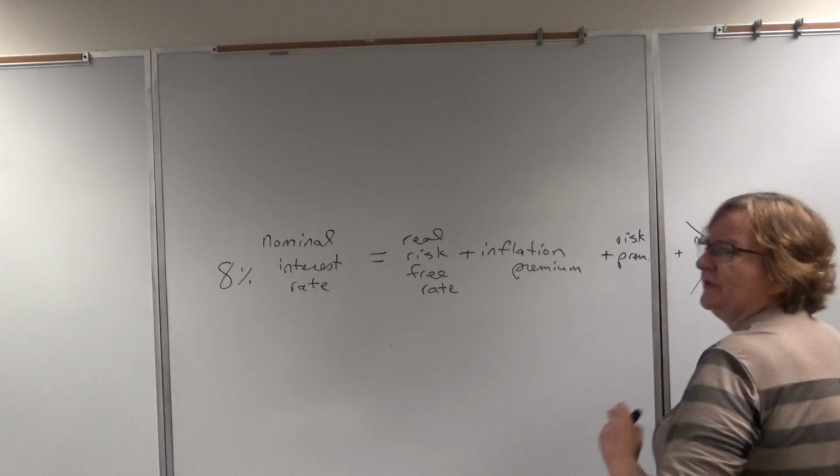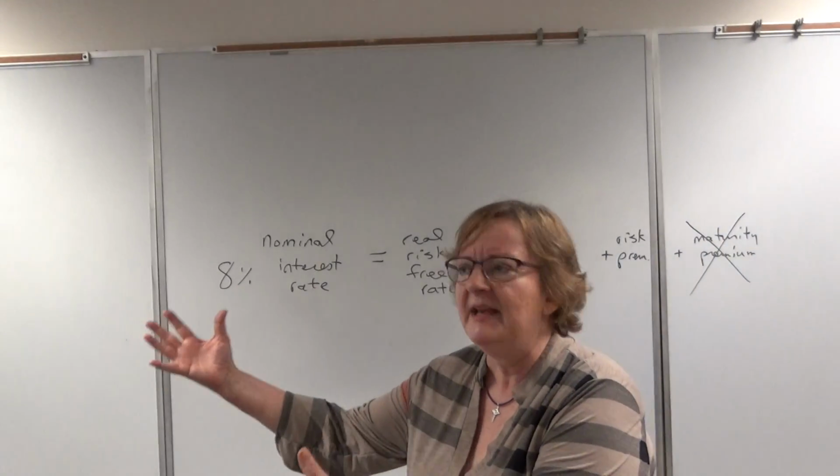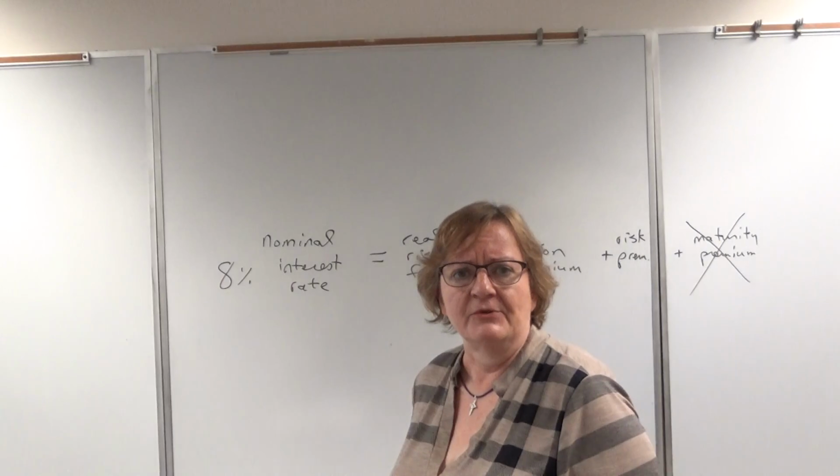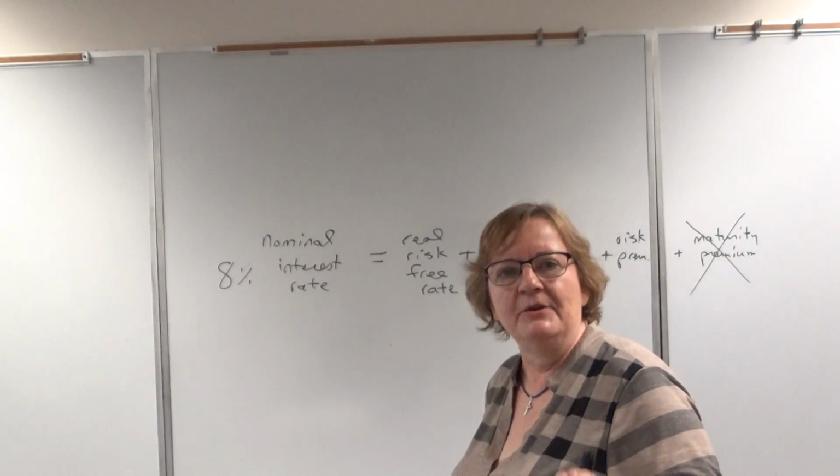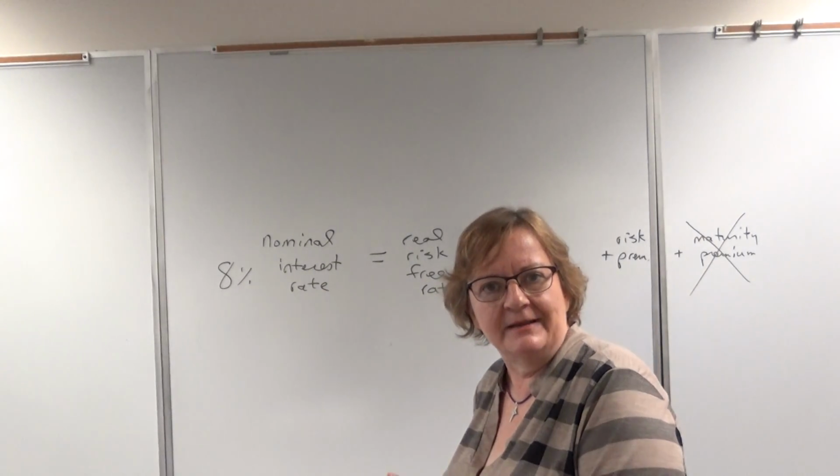It's just that the longer the security, if it's a 60-year loan, it's going to be riskier to the person who makes the loan. Risk premium, the less they think you're likely to pay it back, the higher your interest rate.